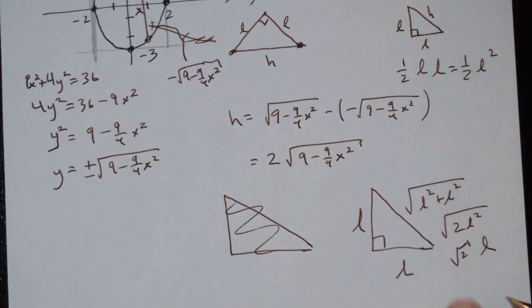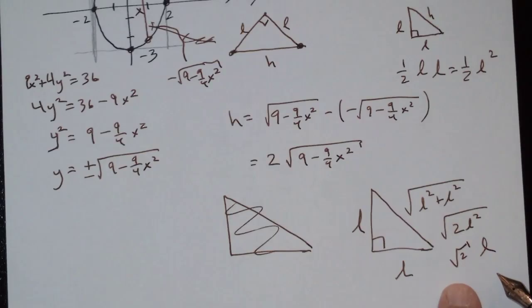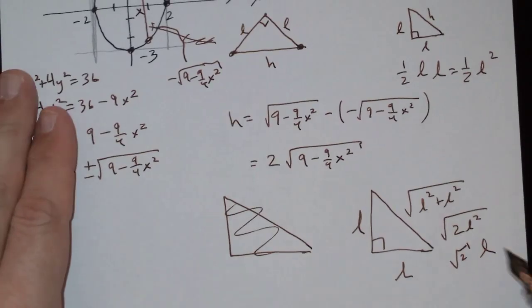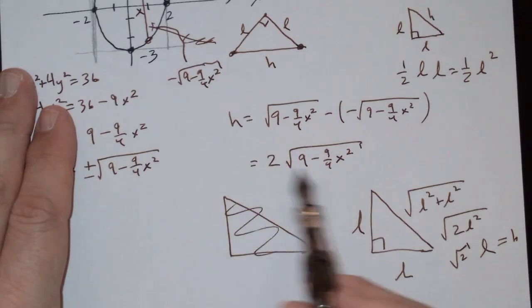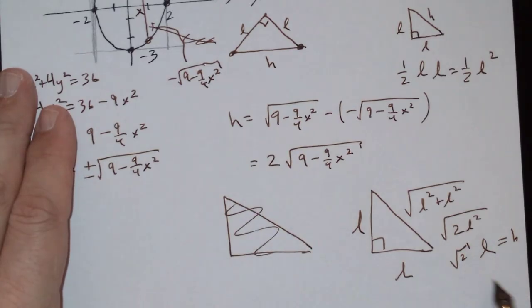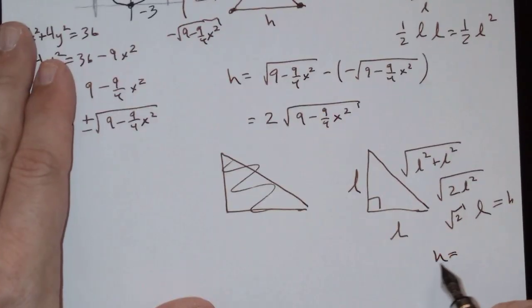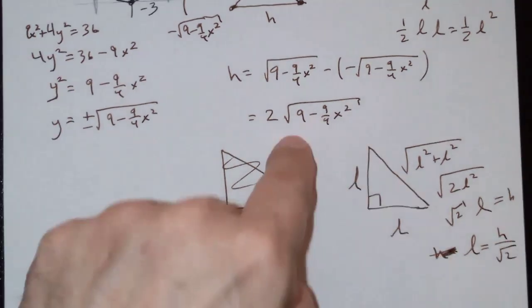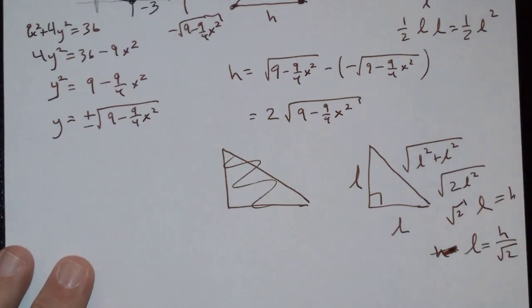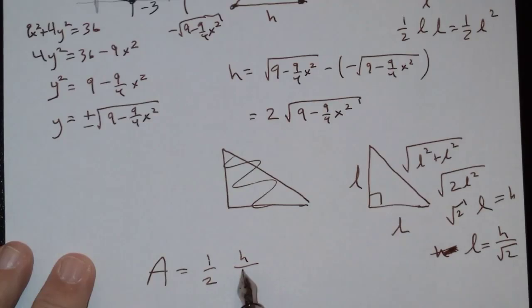So H is equal to the square root of 2 times L. That's H. To get L, I divide by the square root of 2, yes? Okay, so L equals H over root 2. The area of my funky triangle is 1/2 times H over root 2 times H over root 2.